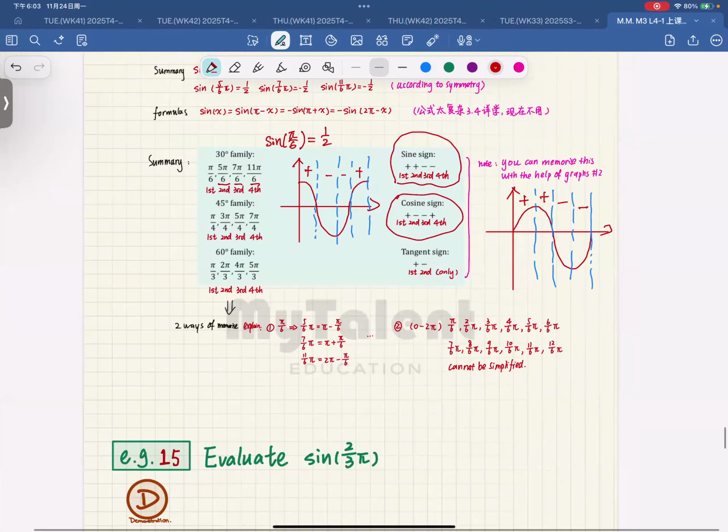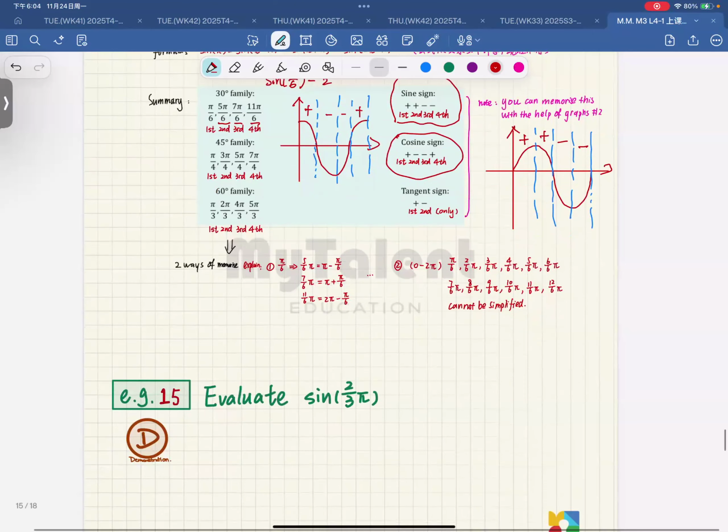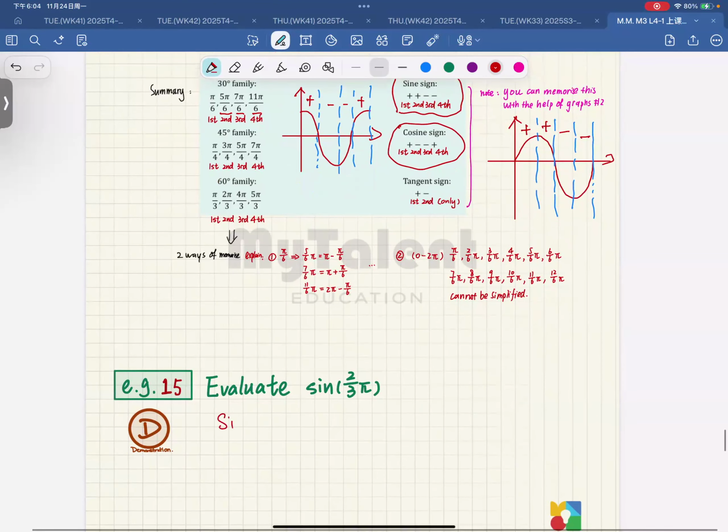Now let's try a question. Evaluate sine 2 pi on 3. Basically, we can do this. Sine 2 pi on 3.